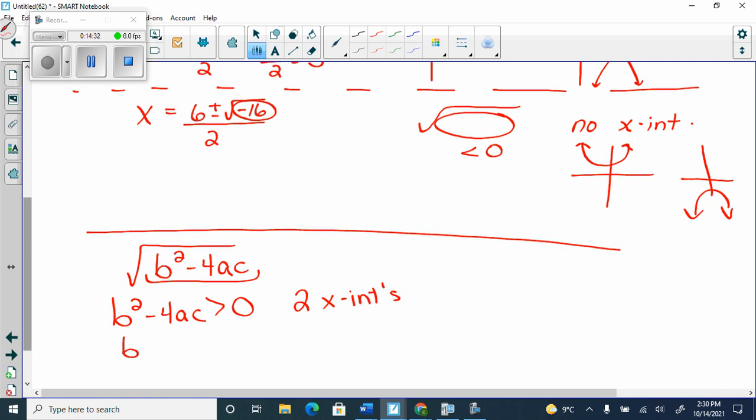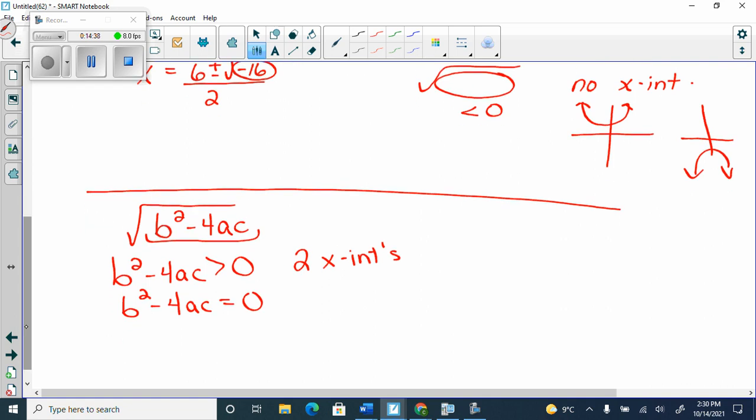When that b squared minus 4ac equals 0, what do I get? 1 x-intercept. And then what happens when b squared minus 4ac is less than 0? How many x-intercepts did we get? None. It fought us. It was negative, right?